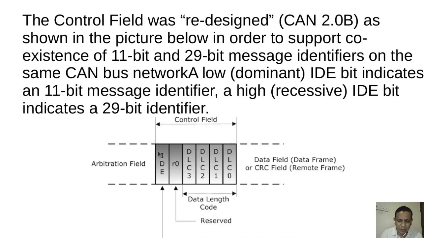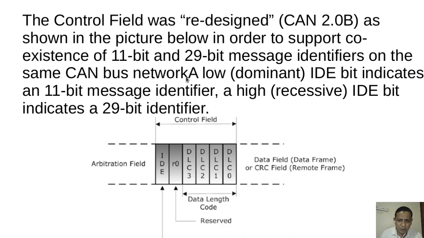That is, we have changed it to IDE. R1 is changed into IDE in the picture below, in order to support coexistence of 11-bit and 29-bit message identifiers on the same CAN bus network.